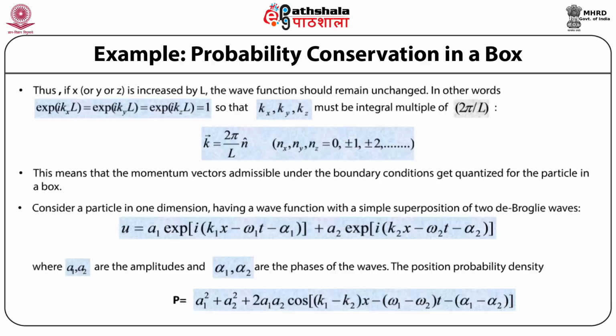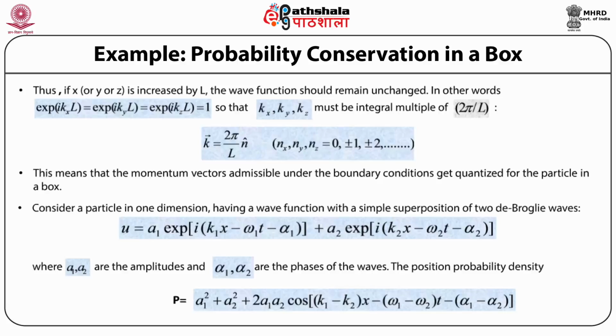So mathematically, this can be written as exponential to the power iota times kx times L is equal to exponential to the power iota times ky times L is equal to exponential to the power iota times kz times L is equal to 1, where kx, ky and kz are the x, y and z components of the vector k, and this condition requires that kx, ky and kz should be integral multiples of 2 pi by L, where L is the edge length of the box, for the relations to be satisfied.